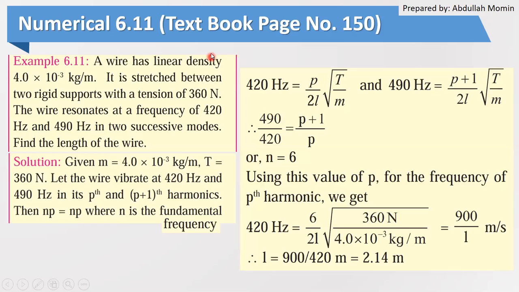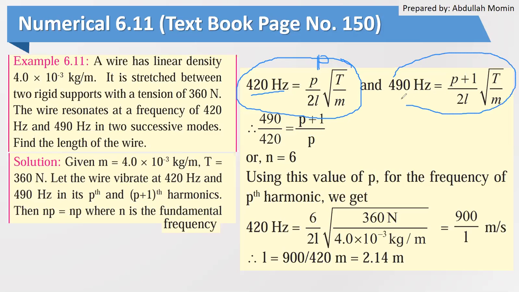So we will write the formula of fundamental frequency N is equal to p upon 2l root T by m. This is the formula of the fundamental frequency for the pth harmonic, and this formula is for the p plus 1 harmonic.